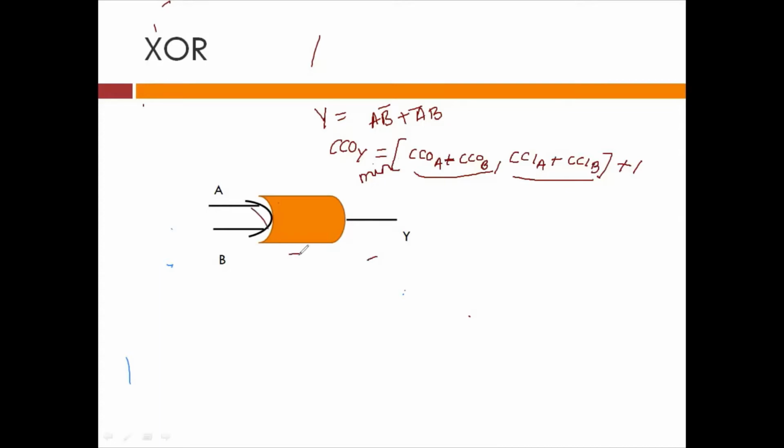Similarly, let's compute it for CC1 and the output Y. CC1 के लिए मुझे क्या चाहिए? I need my input, ये तो A bar B चाहिए, so A should be 0.